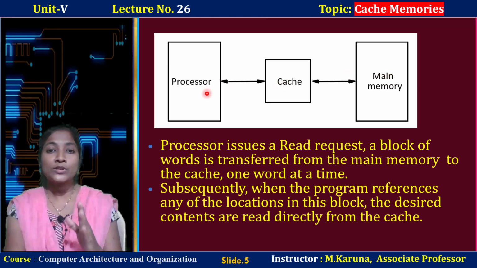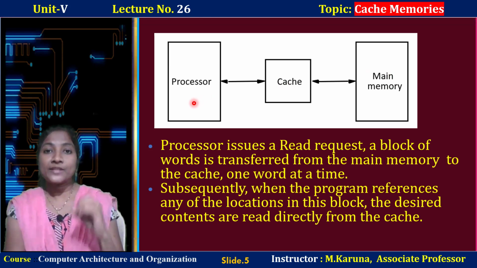Whenever the processor needs to spend much of its time on a routine which is executed repeatedly, that routine can be copied from the main memory to the cache memory, so that the processor can access those sets of instructions from the cache memory quickly.